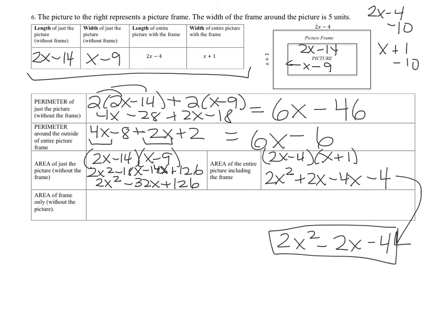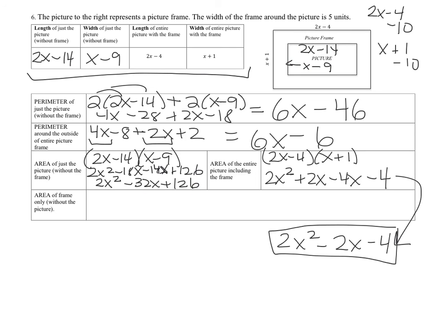All right, so now, here's the tricky one. The area of the frame only without the picture. So I want the frame only, right? So I only want this piece, the area of this piece right here. So I know the area of this piece, and I know the area of the big piece. To get the inside piece, I'm going to subtract the area of the big piece, which is this number right here, minus the area of the picture, which is this right here.